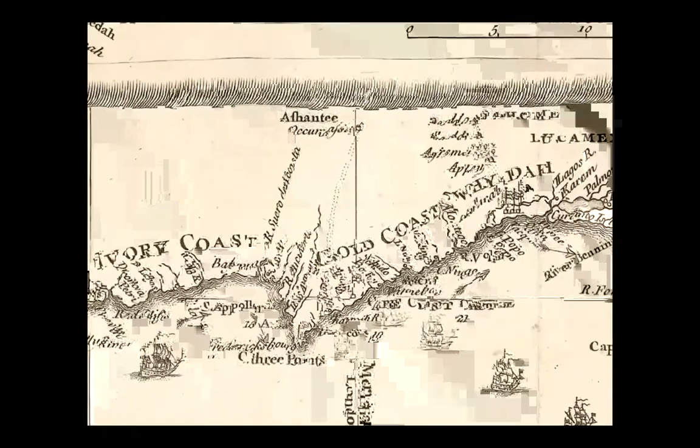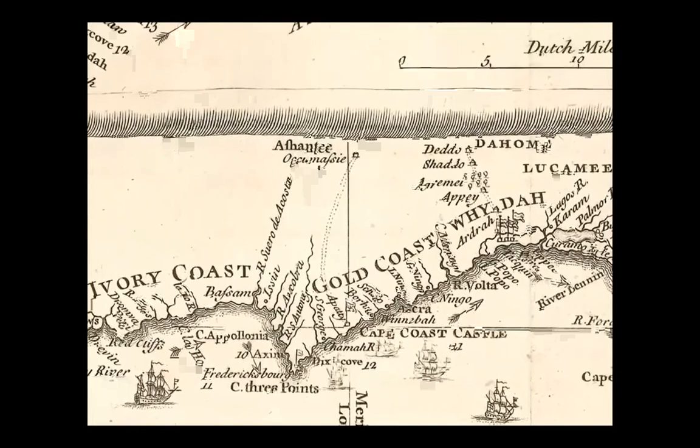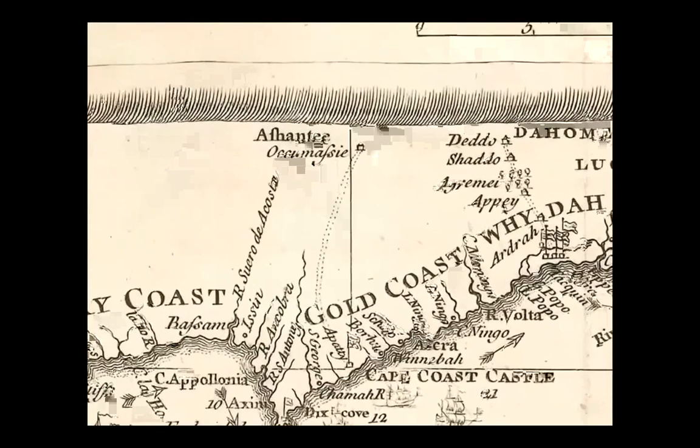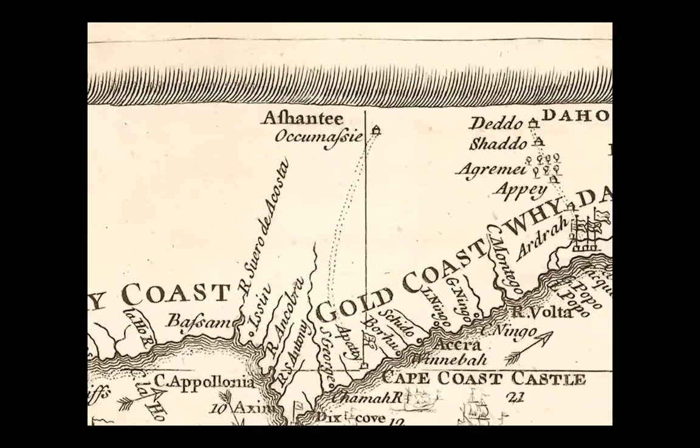There's also an indication of the trade routes down to the coast from a place known as the Ashanti and a place, seems to be a town, entitled Okumasi, later known as Kumasi.